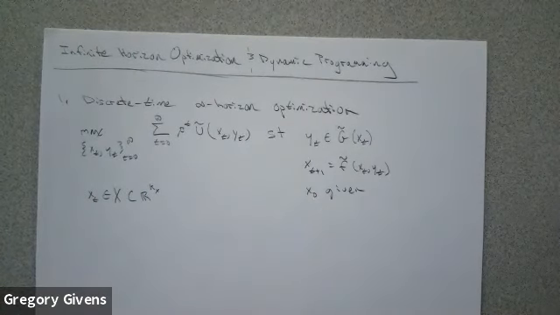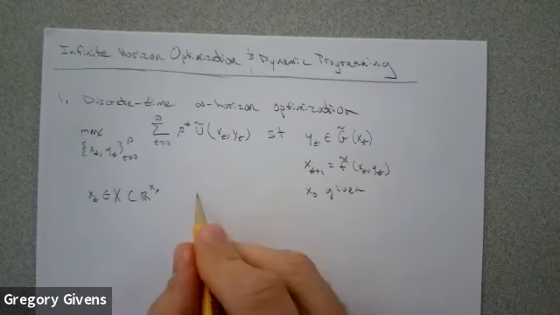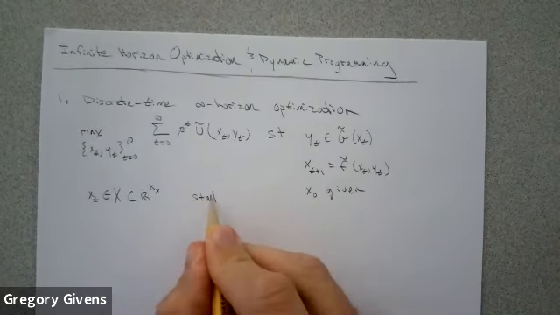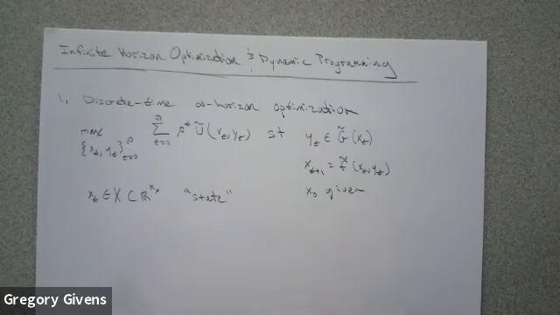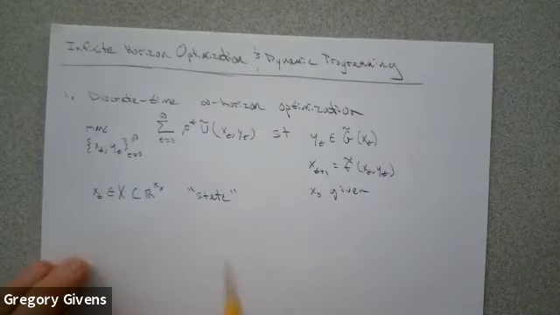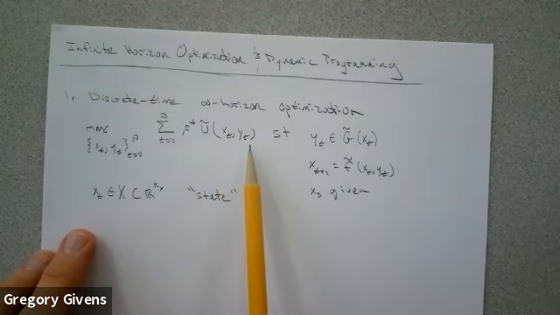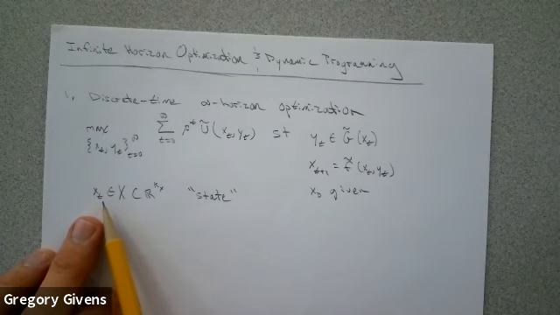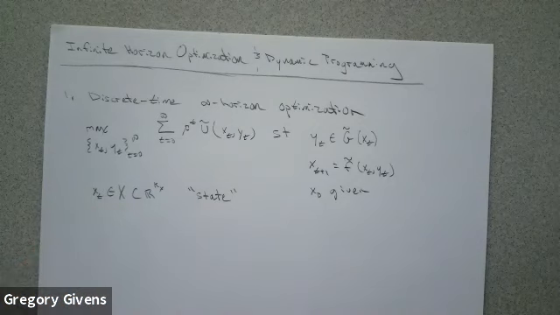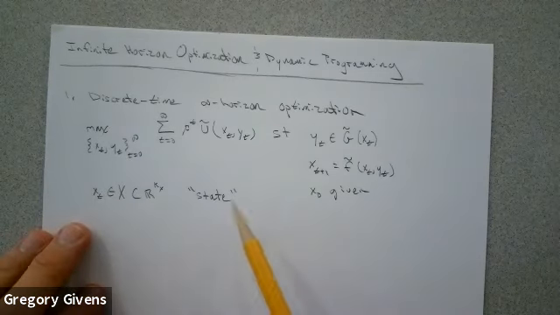Okay. Xt is what's called the state vector in these problems. In other words, at the beginning of date t, when a planner is trying to maximize this object, she actually knows the value of the state, right? That is what is known at the beginning of date t, all right?